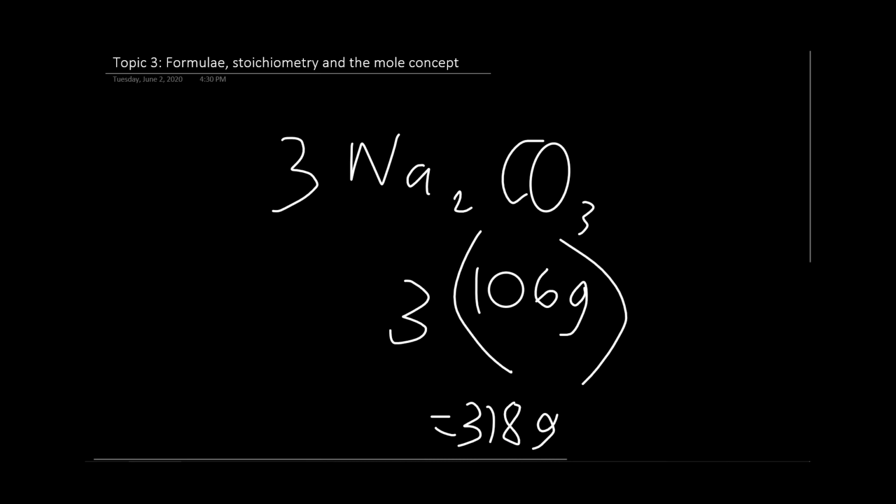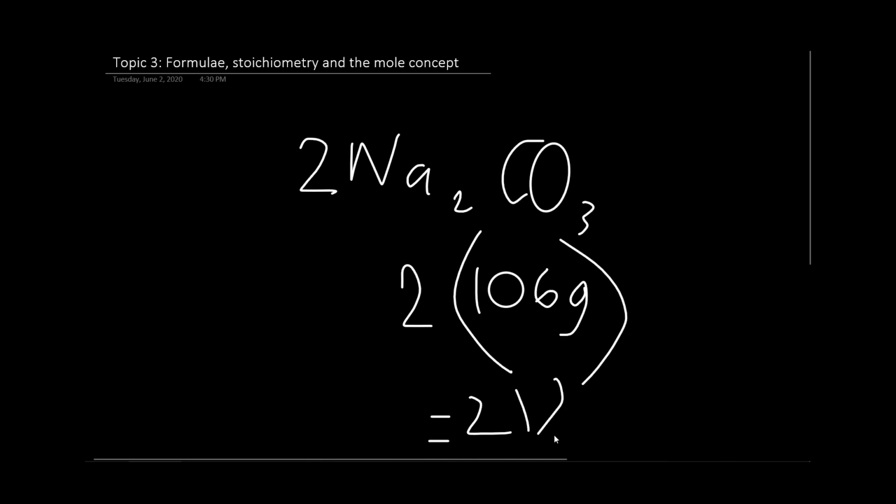When we have 2 moles of sodium carbonate here, if 1 mole has a mass of 106 grams, 2 moles will have 2 into 106, which is 212 grams. I hope that's pretty easy and understandable. So basically, mole is nothing but a mere quantity. You don't need to be scared of it.